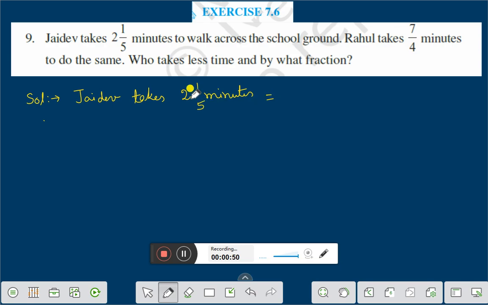You have to multiply 2 with 5, that is 10, plus 1, 11 by 5 minutes. Rahul takes 7 by 4 minutes.